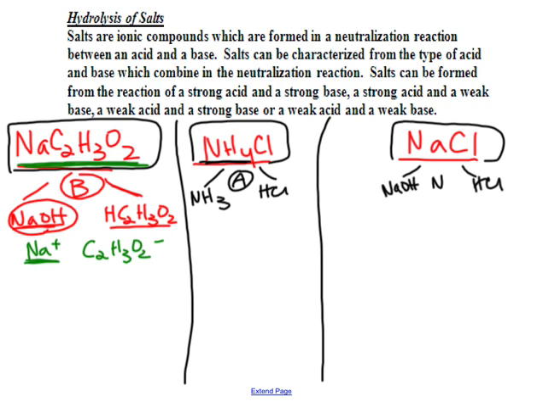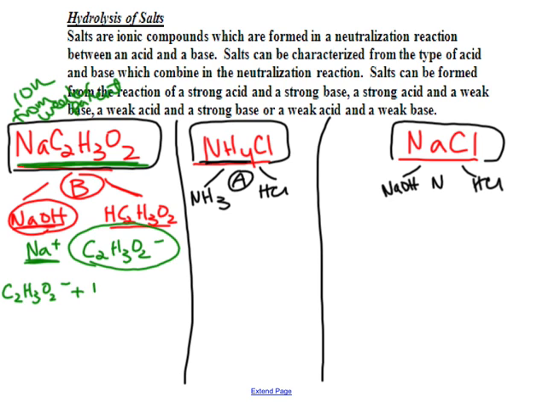What's going to react with water is always the ion from the weaker parent. That's the rule. You always react the ion from the weaker parent with water through a Lowry-Bronsted reaction. So if we take C2H3O2- and react it with water, if we do a Lowry-Bronsted, what are we going to make?